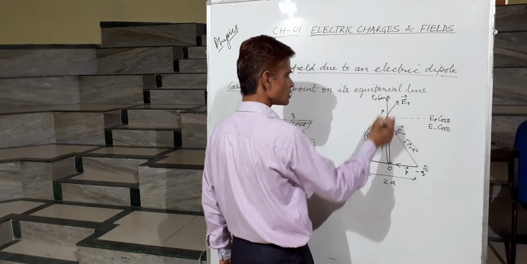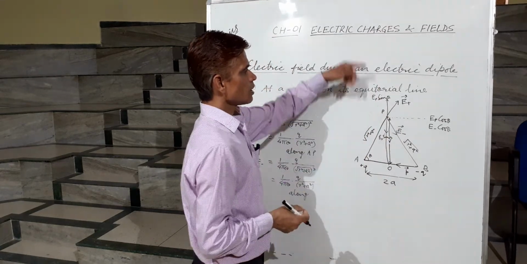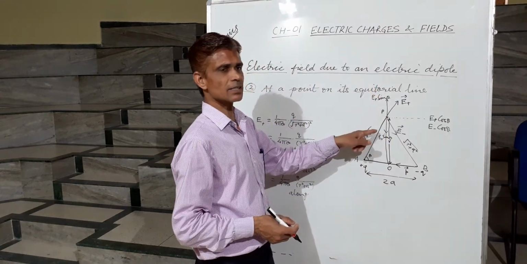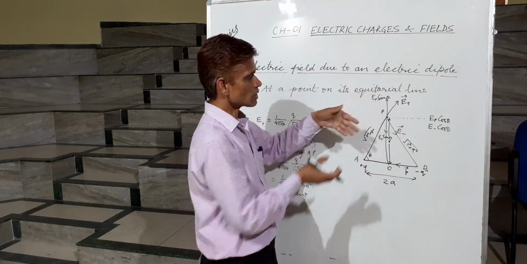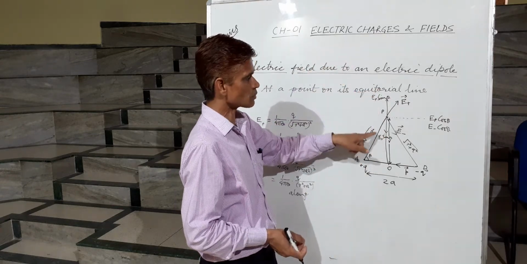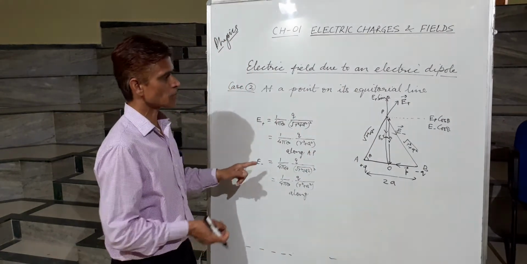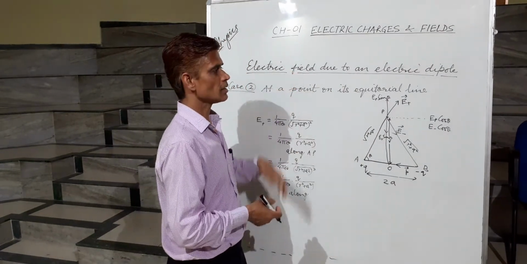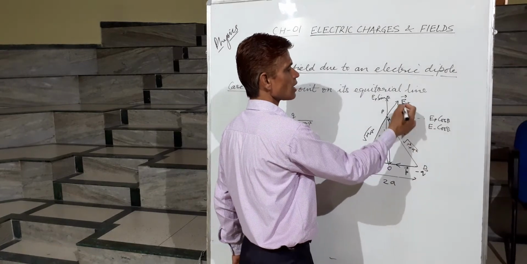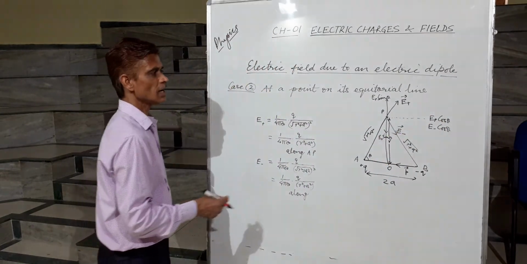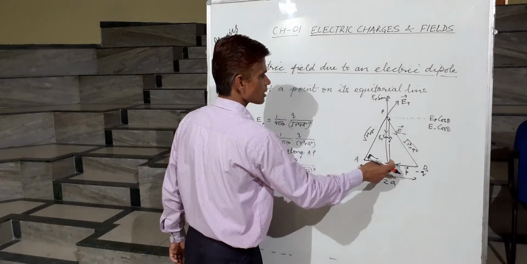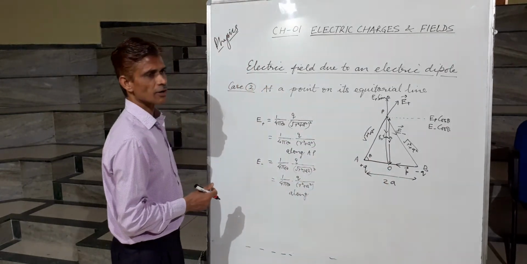So both these components have opposite directions, E plus sin theta and E minus sin theta, both are opposite to each other. Their magnitudes are the same, therefore they cancel each other. Only these two components are added up, and this gives rise to the net electric field at a point P at a distance r from the center of the electric dipole.